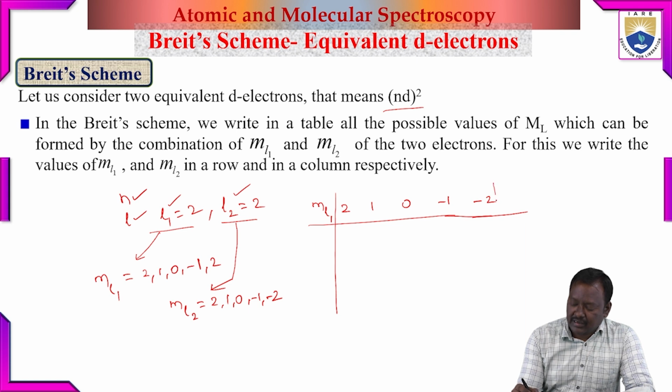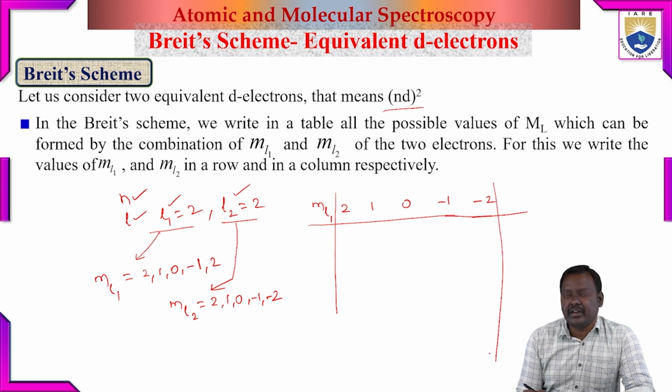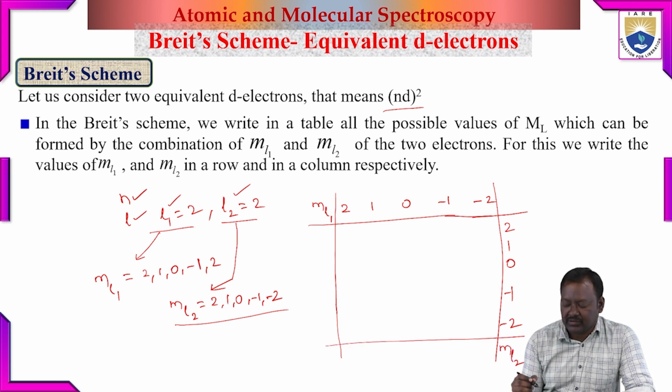And on the left side of this table, the second electron ML values are taken in the vertical form. So these values are written in the vertical line: 2, 1, 0, minus 1, minus 2. So these are the ML2 values, the second electron ML values.